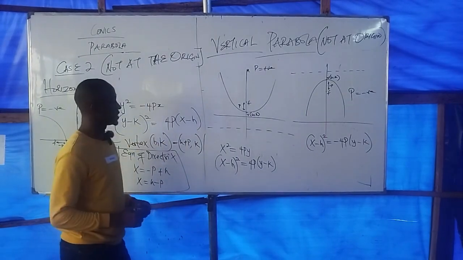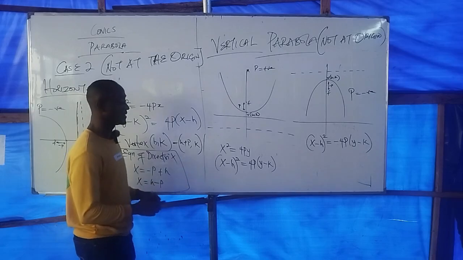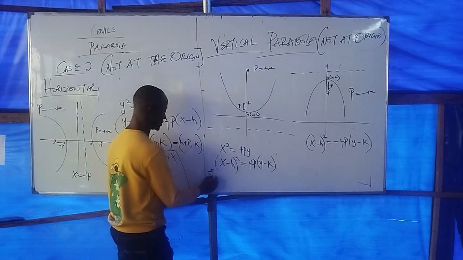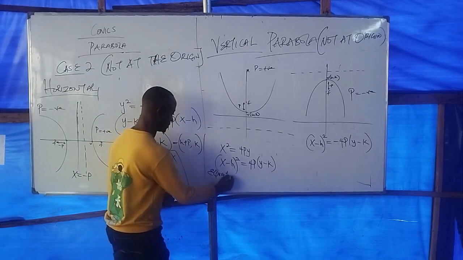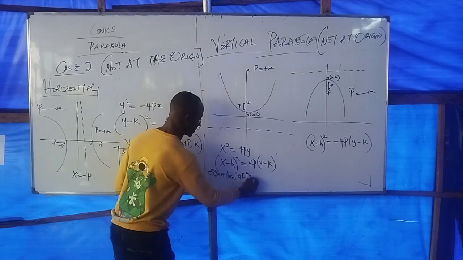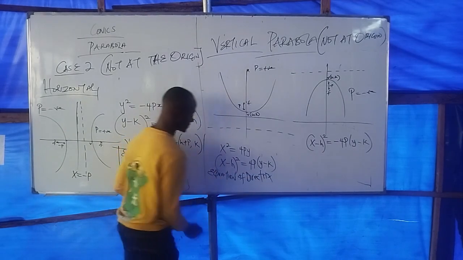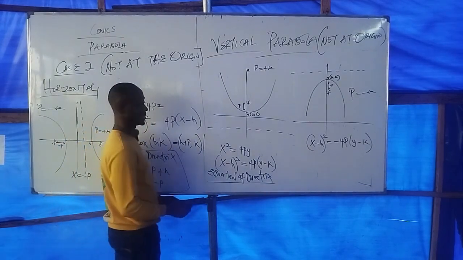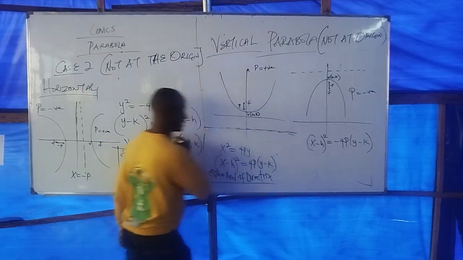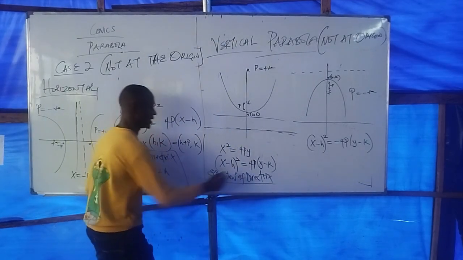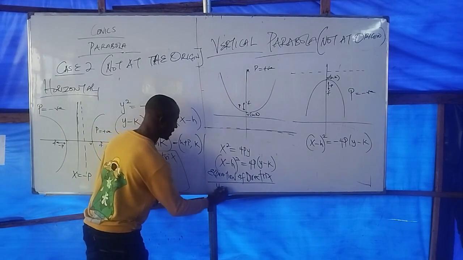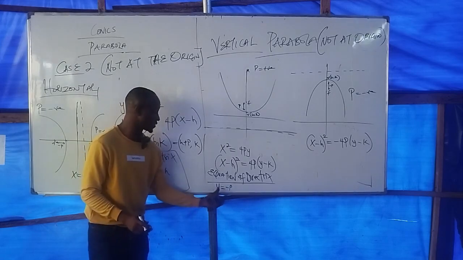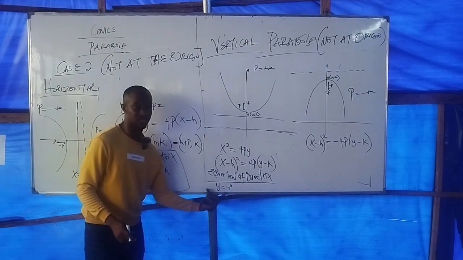Now let me ask this question. What do you think will be the equation of the directrix for this parabola? The directrix is cutting the y-axis, so it's going to be y equals minus p. Don't forget, if I stop here, this is for the origin.